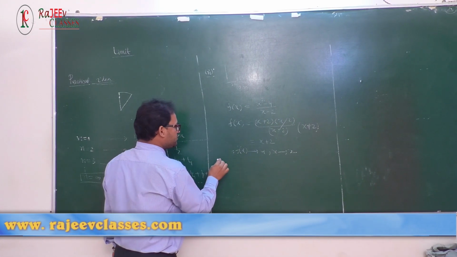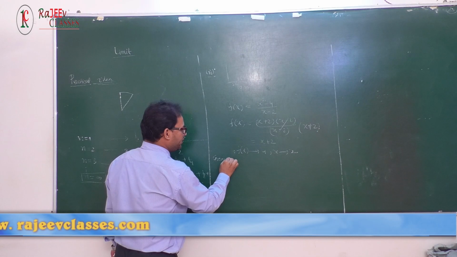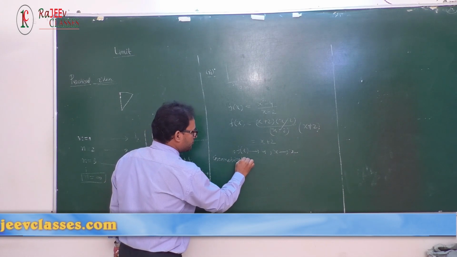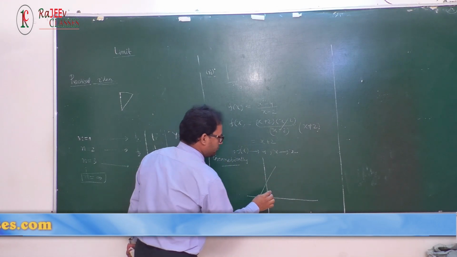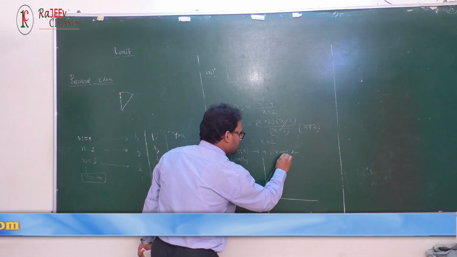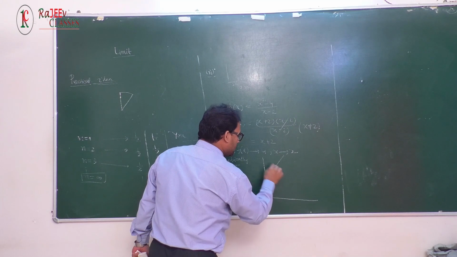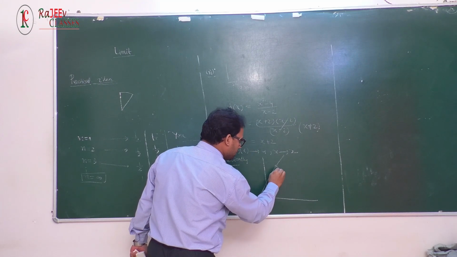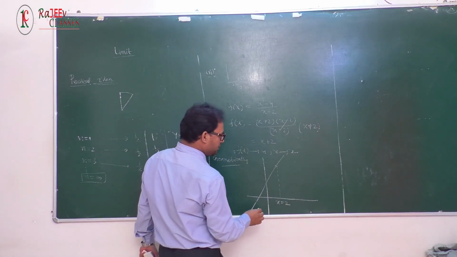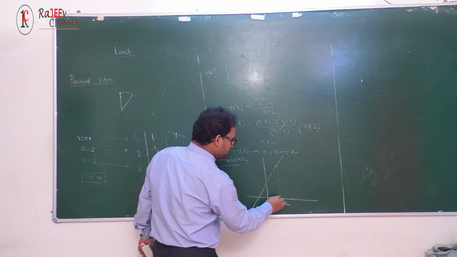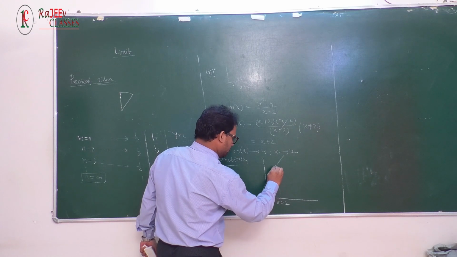Now geometrically, what does it mean? If you want to see it geometrically, there is a point. When you come from the value just less than 2, you are approaching this point.